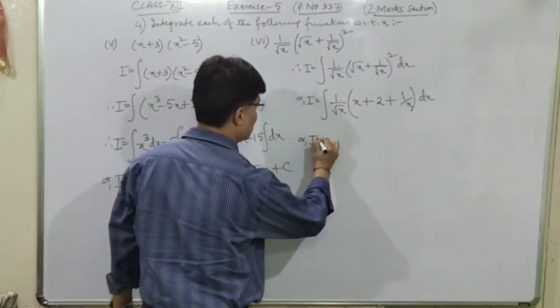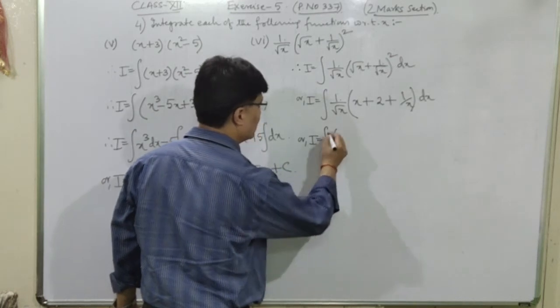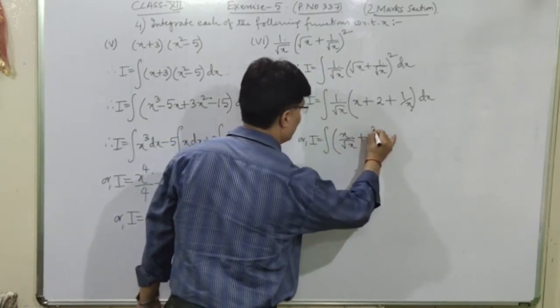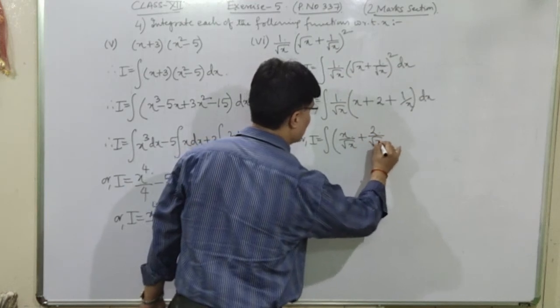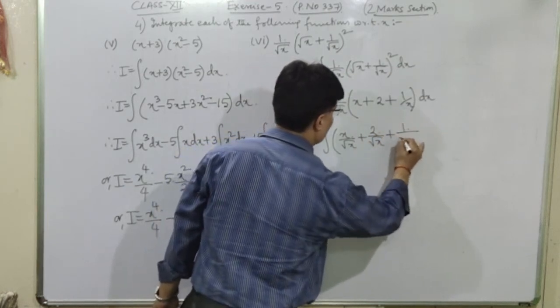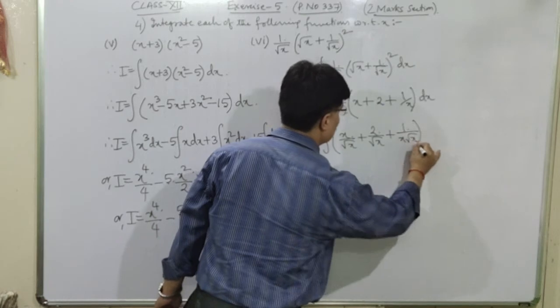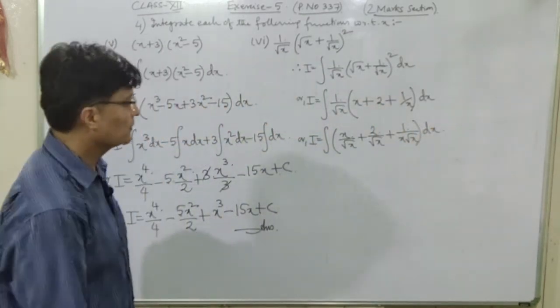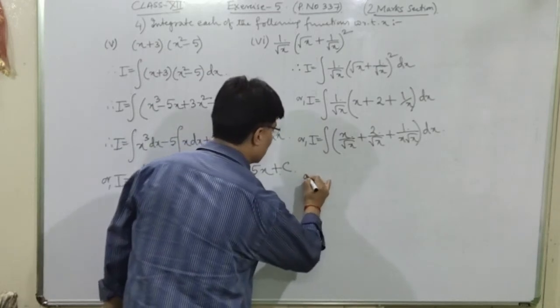Or I is equal to integration of within bracket, it is x by root over x plus 2 by root over x plus 1 by x root over x, this is bracket closed, then dx. Okay, let us simplify it further.